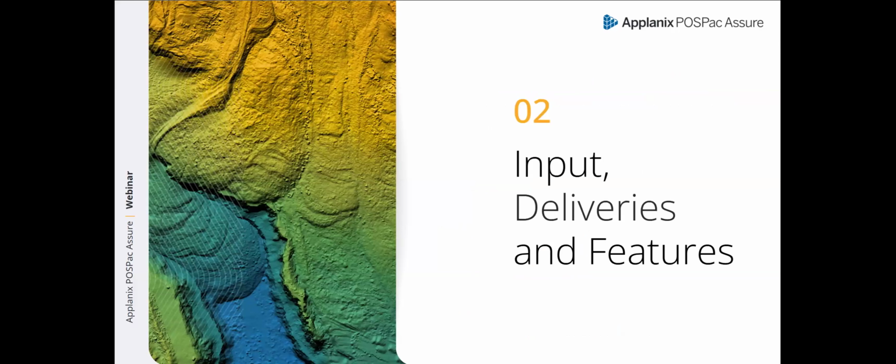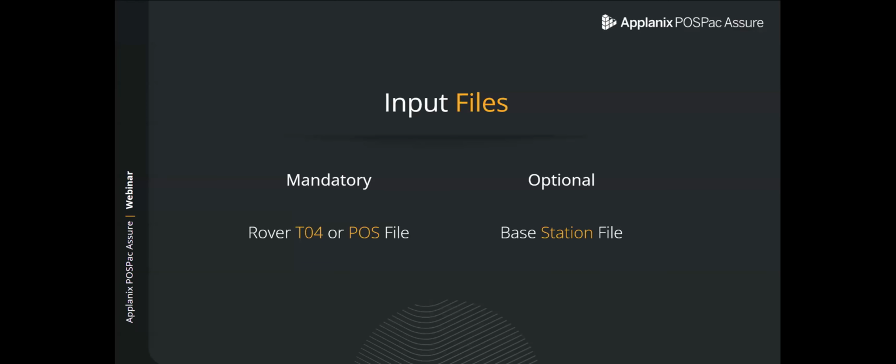So let's get to input, deliveries, and features. What's mandatory in terms of input file is always the rover data. So that might be the T04 file or our POS files. And optionally, you can also upload your own base station.